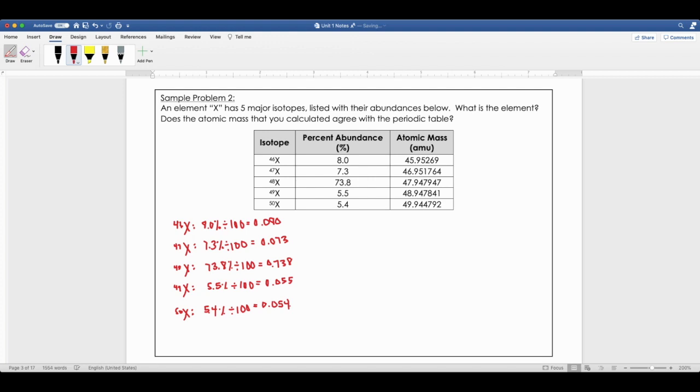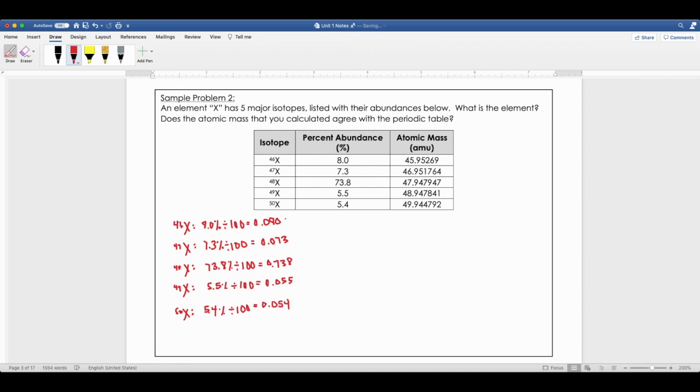Okay, so there's this first part done. Notice how I did keep my significant figures. You do want to try to be as precise as the least precise value. So every one of those values does in fact adhere to significant figure rules. Now that I've got it out of that percentage form, I'm just going to multiply each of these values by its appropriate atomic mass.